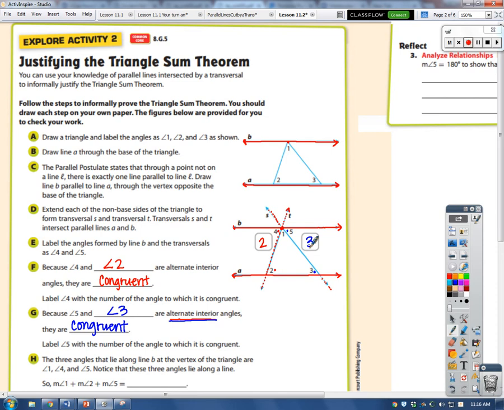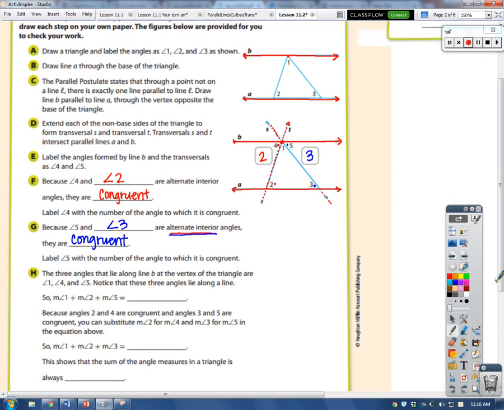Okay, so now we're going to go ahead and move down to H. I'm going to scroll this up a little bit. The three angles that lie along line B at the vertex of the triangle are 1, 4, and 5. Notice that these three angles lie along a straight line.